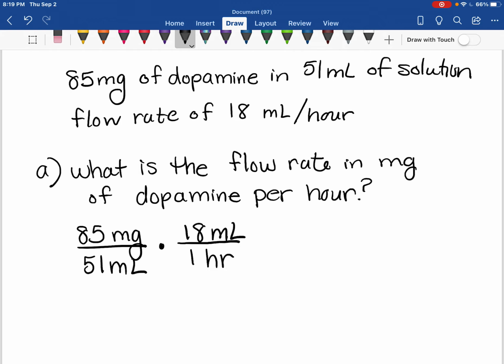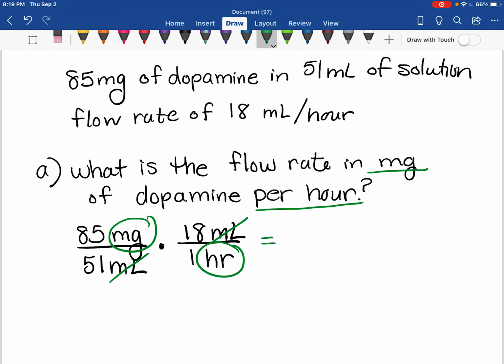So there's our conversion factor for the flow rate. Now I can cancel off my milliliters, and what I'm left with is milligrams per hour, which is exactly what we want. The question wants the flow rate in milligrams per hour.